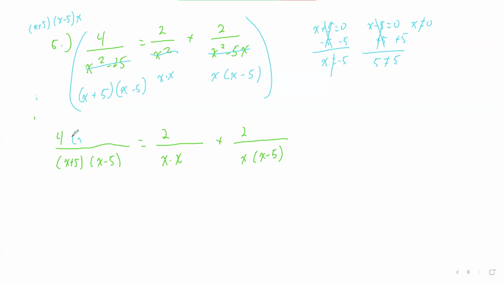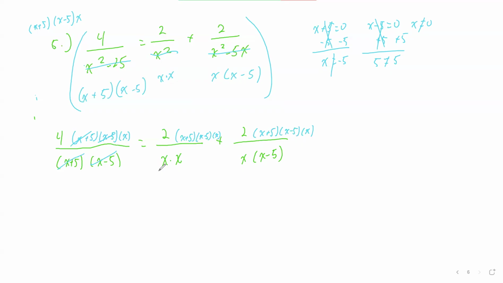All right, back. So this will be x plus 5, x minus 5, and an x for each term. Now when I cancel, I can cancel, I can cancel. Great, that worked out.